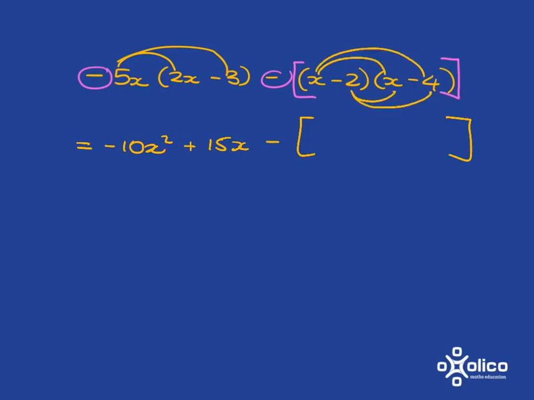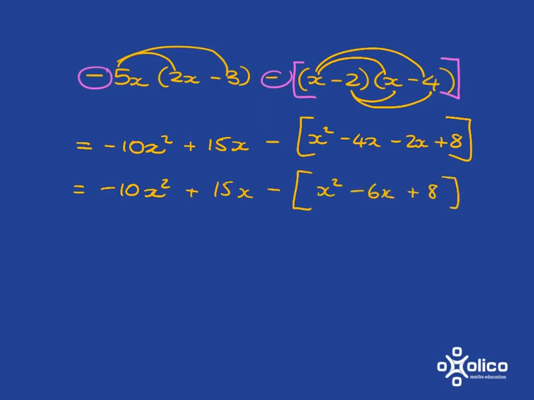Normal multiplying out, making sure I multiply everything in the first bracket with everything in the second bracket. So I get x squared minus 4x plus 2x minus 8. I then just combine my like terms here, and I'm going to get x squared minus 2x minus 8.